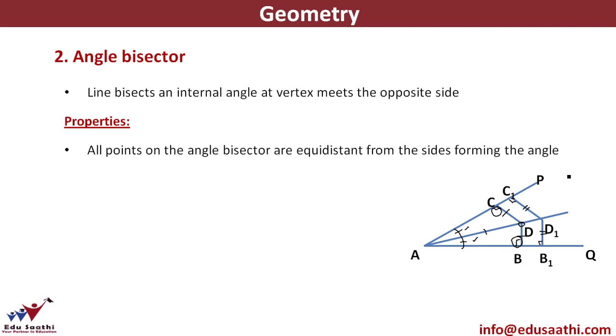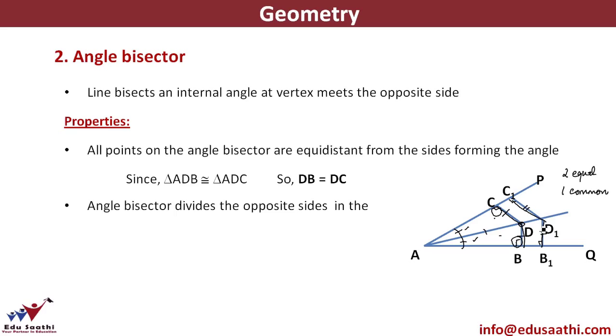So 2 angles are equal and one side is common. So the 2 triangles would become congruent. If the 2 triangles are congruent, the other sides would also be equal. Side lengths CD and DB will be equal. CD1 and DB1 would also be equal.